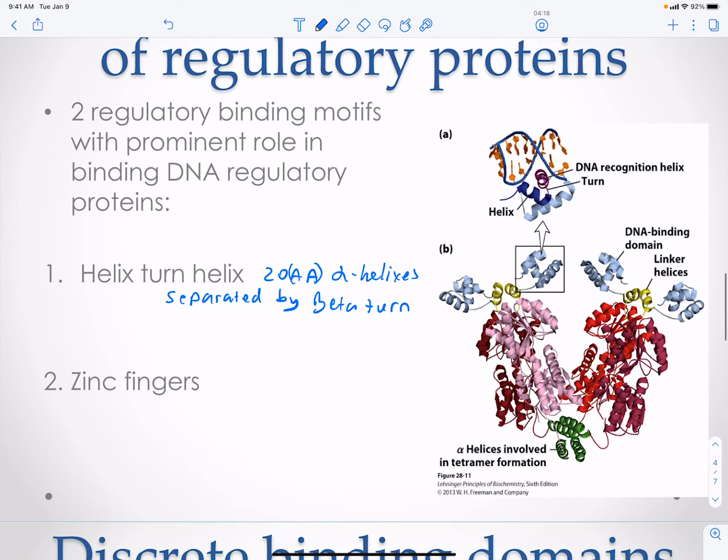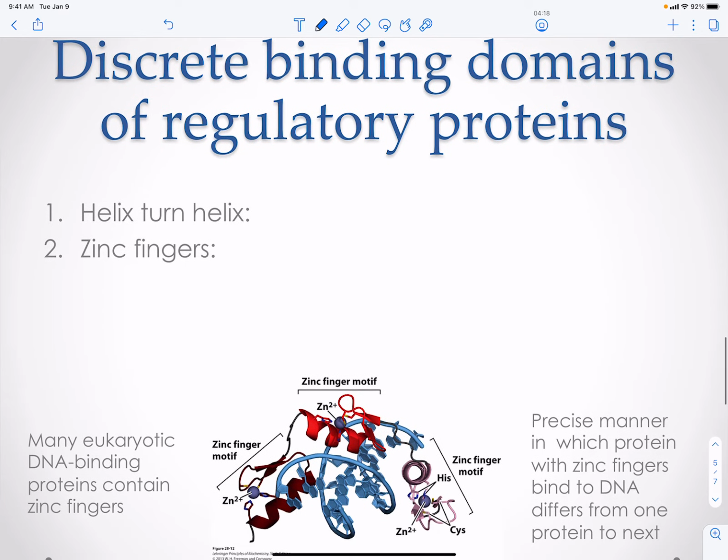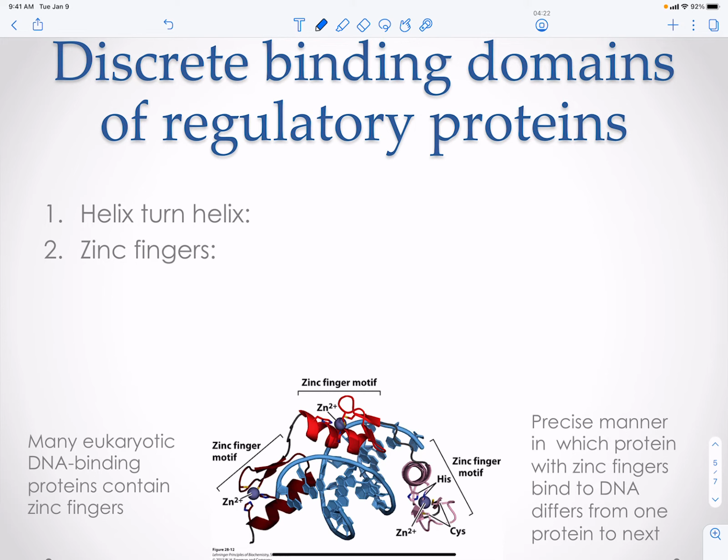And then we have our zinc fingers, and our zinc fingers are going to be 30 amino acids, and they have a long loop that is held together by zinc. And zinc does not interact with DNA.